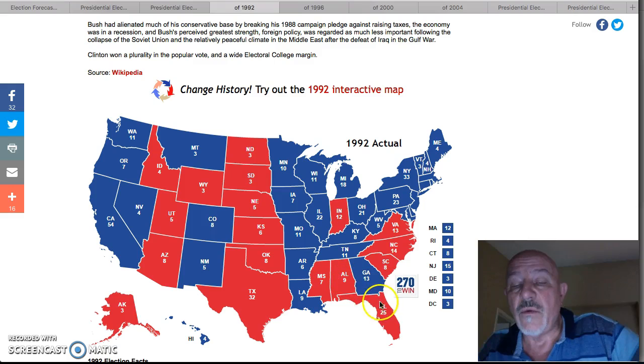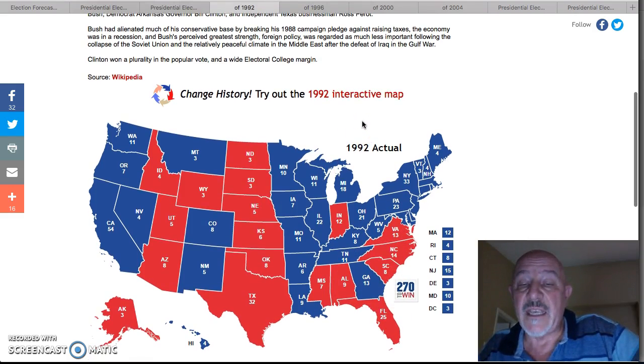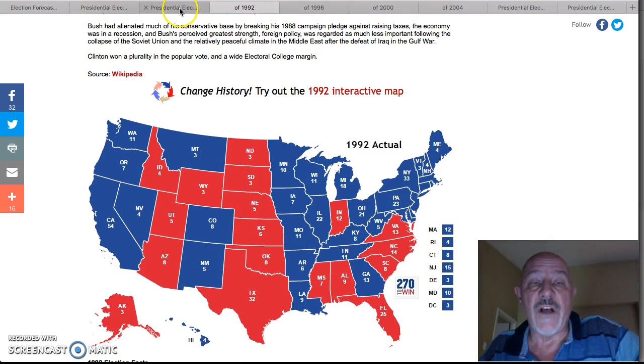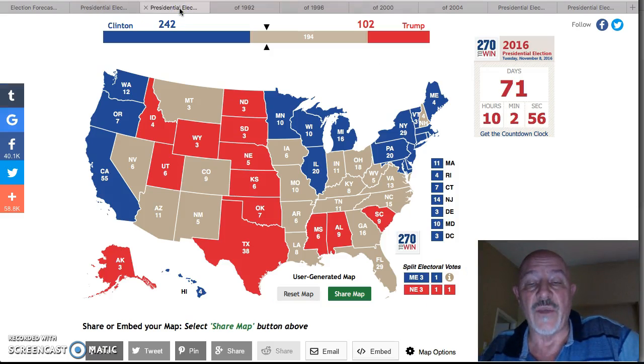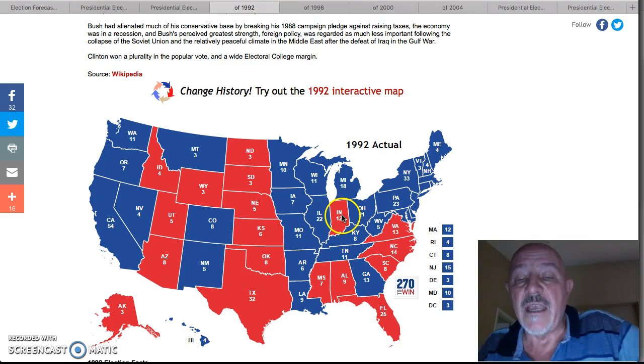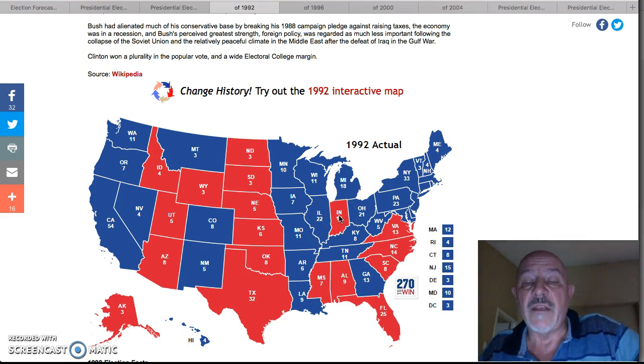So he won all of these states. Now, notice this is rather similar to our default map of the states that have voted consistently in every election. We can see that it is rather similar. Some of the differences: the Republicans, President Bush, was able to keep Indiana in his column.